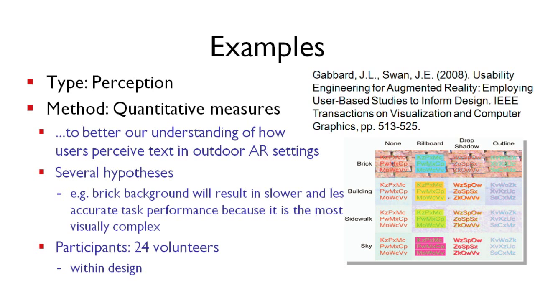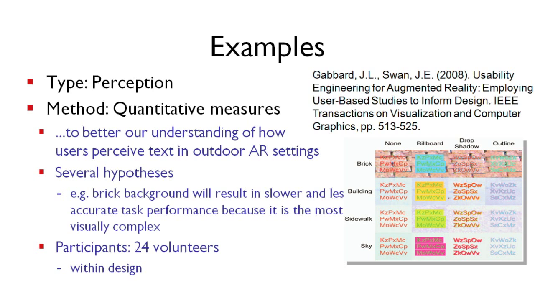So those guys were interested in comparing basically different visual output. So it was a perception study. The question was basically to get a better understanding of how users perceive text in AR, augmented reality, outdoor settings.